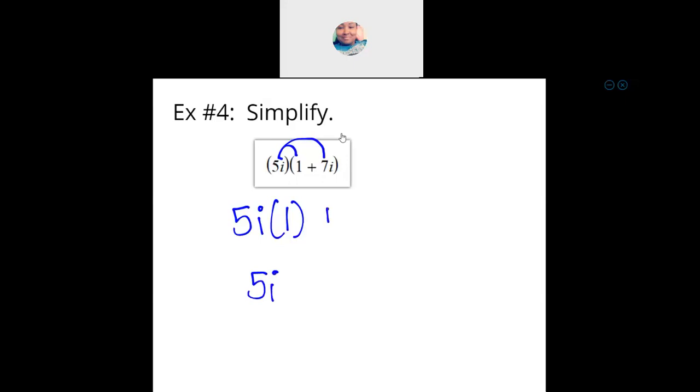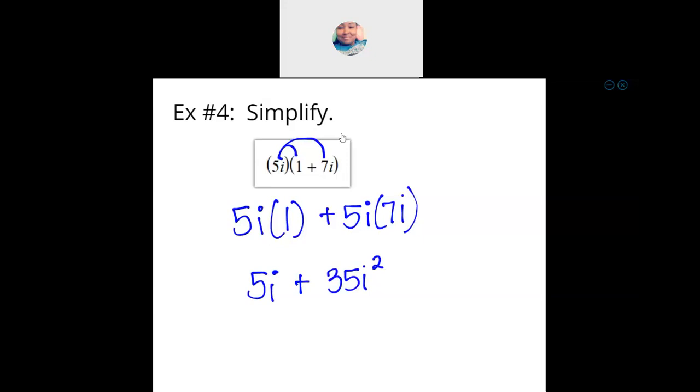And then plus, we have 5i times 7i, which is 5 times 7, 35, and i times i, i squared.